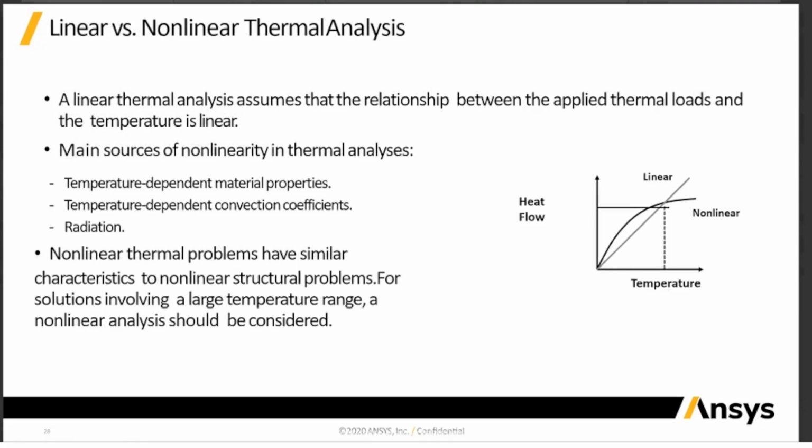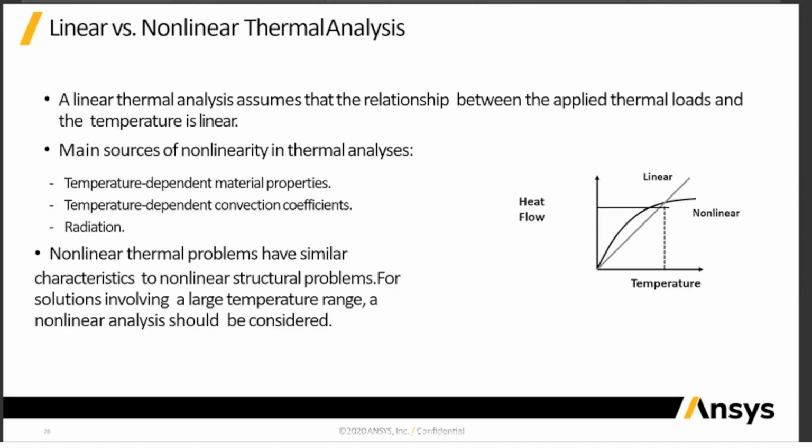So what are the sources of non-linearity in thermal analysis? The nonlinearity in thermal analysis occurs due to temperature dependent material properties. There are various temperature dependent material properties due to which material nonlinearity may happen in thermal analysis.